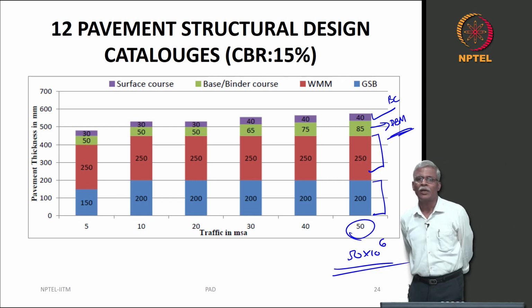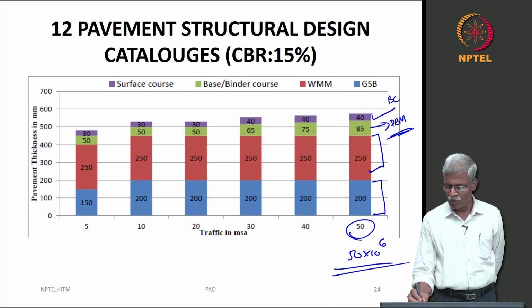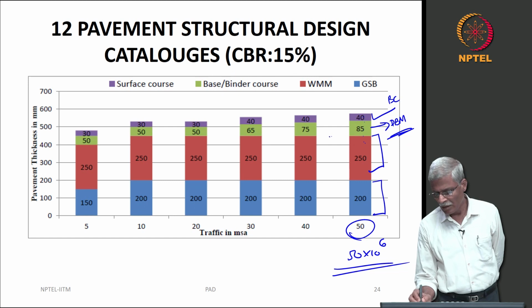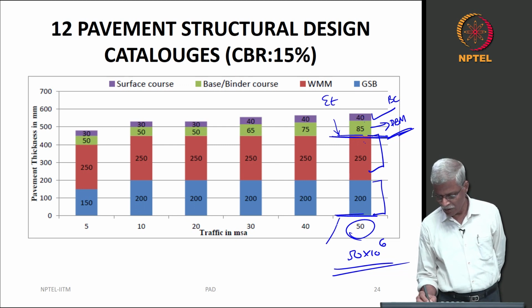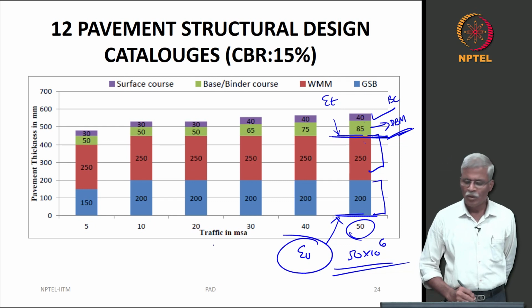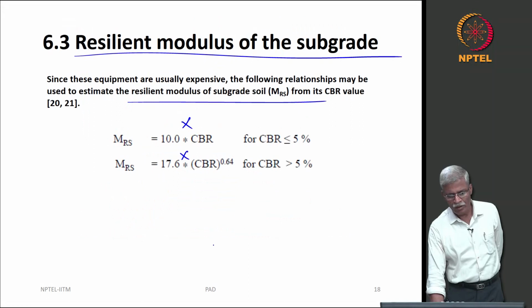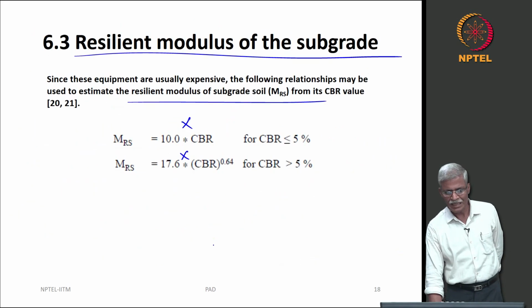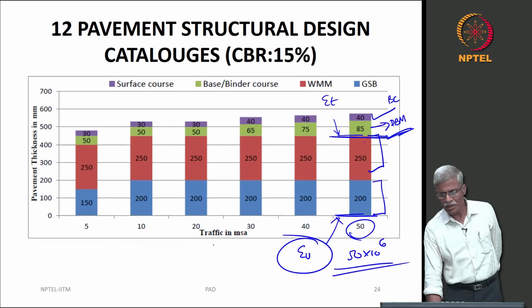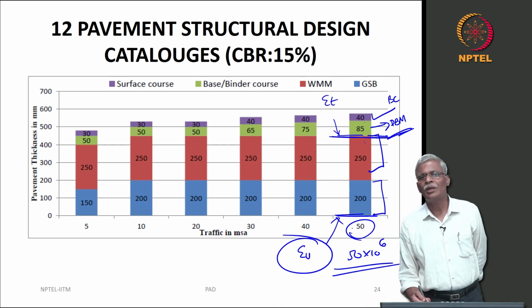Okay, right. Now, how will you proof check this design? What will you do? You will use all the modulus properties corresponding to it, find out what is the epsilon t here, find out what is the epsilon v here, and go back, substitute this in this equation or in this equation, and check whether the cross section that you have provided can handle more than 50 into 10 power 6.